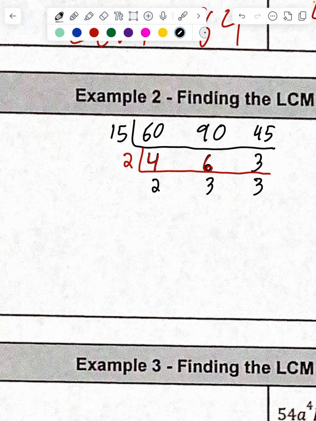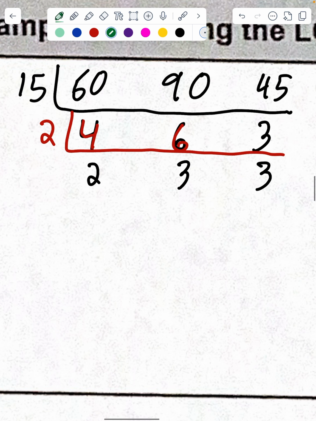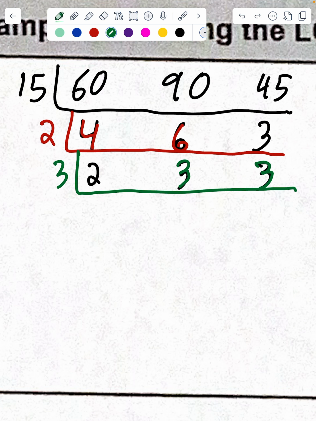And now I see that I can reduce the 3 and the 3s. What can I take out of these 3s? This would be a 3. When I take this 3 out, then I'm left with a 2, a 1, and a 1.